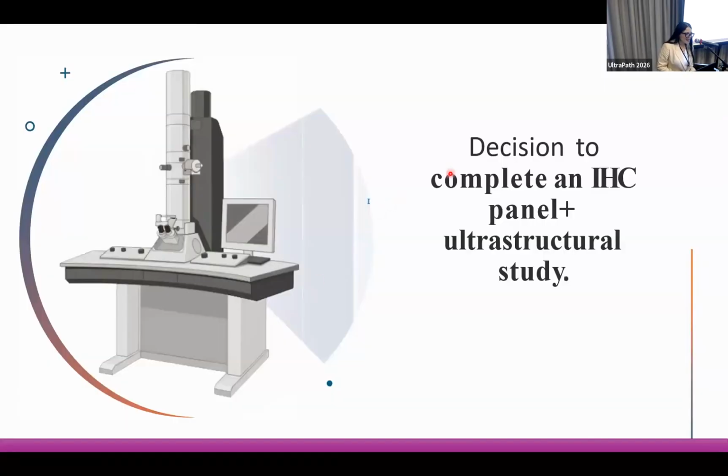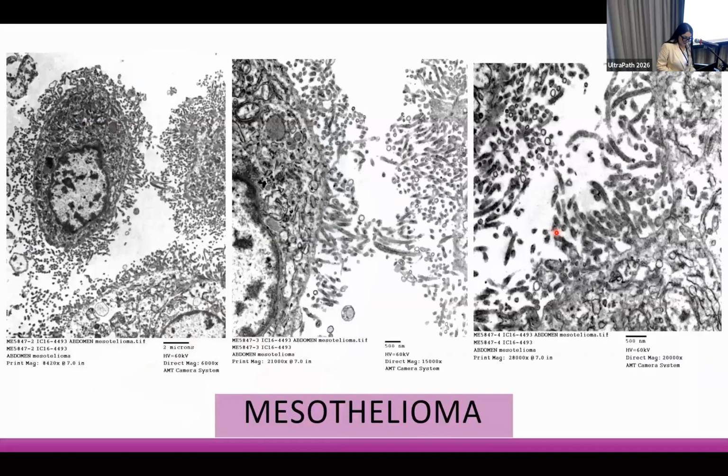So that's why we decided to complete the immunohistochemical markers in the initial biopsy and also to perform the ultrastructural study. Here we can observe these large polygonal cells with enlargement of the extracellular space, and on the surface, microvilli lacking rootlets. So, these findings were highly consistent with mesothelioma.